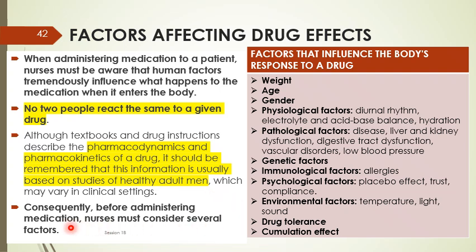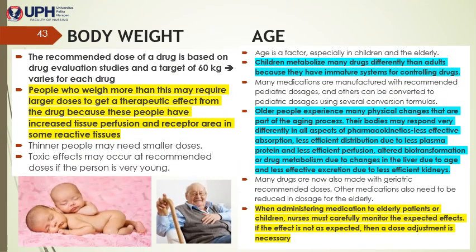That's why, as nurses, we need to consider a lot of these factors when we administer the drug, such as weight, age, gender, physiological factors, pathological factors, genetic factors, immunological factors, psychological factors, environmental factors, drug tolerance, and accumulation effect. Let's talk one by one.